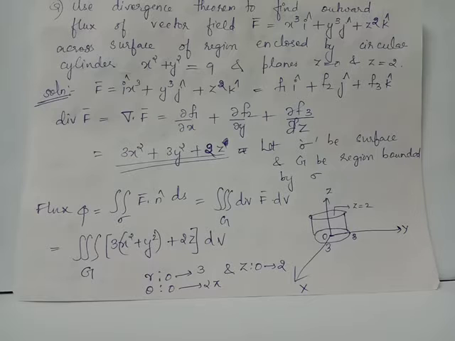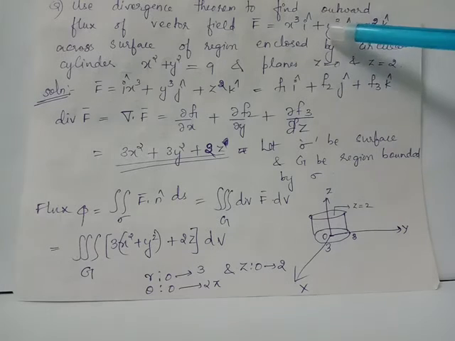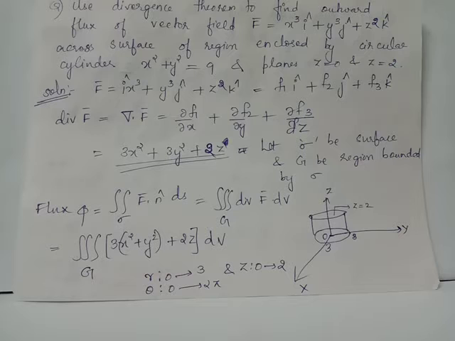The vector field F bar given in the question has component functions f1 equals x cube, f2 equals y cube and f3 equals z square. Then divergence of F bar, which equals del dot F bar, can be found using divergence of F bar equals dou f1 by dou x plus dou f2 by dou y plus dou f3 by dou z. We have dou f1 by dou x equals partial derivative of x cube with respect to x, which is 3x square.